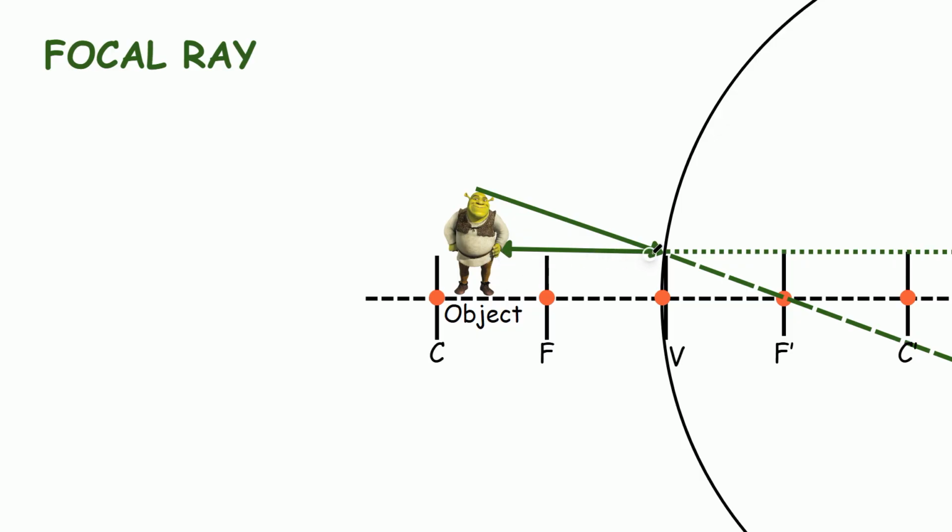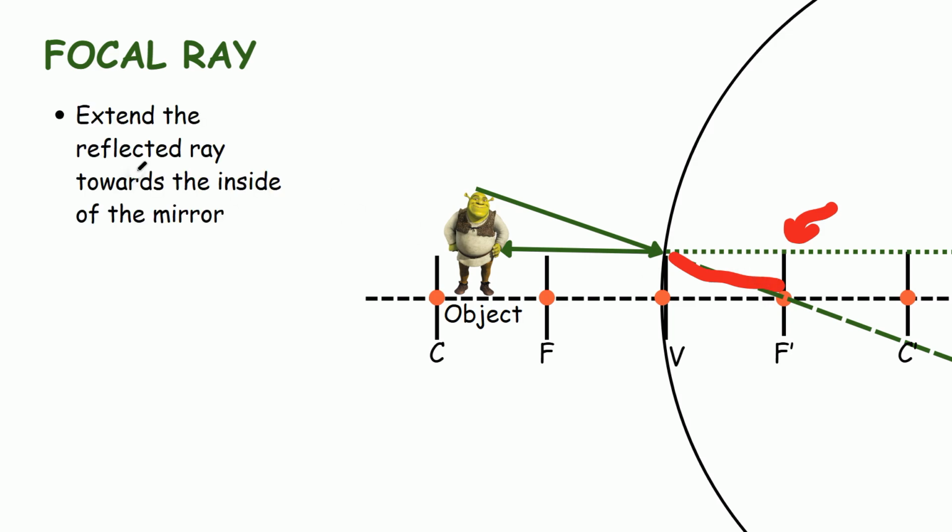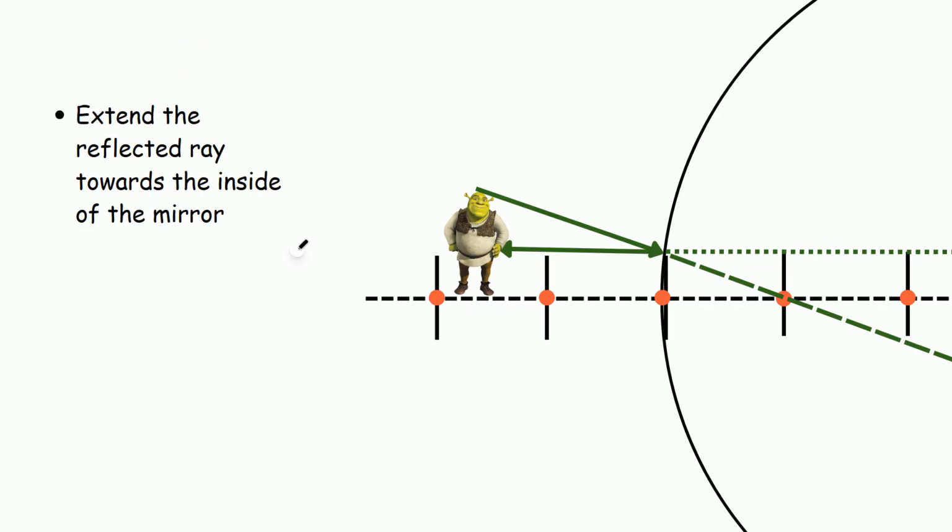And then, sa kadtong na parallel na line, magdraw na sad kag another set of dotted lines in which diri ang image formation mismo. Dili siya sa kini na linya, but kini nga linya. So, medyo complicated ang focal ray, no? So, you will have to extend the reflected ray towards the inside of the mirror.